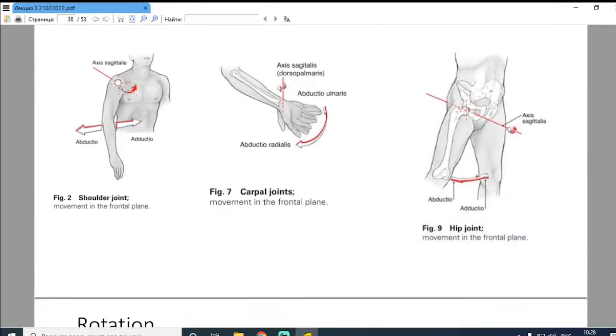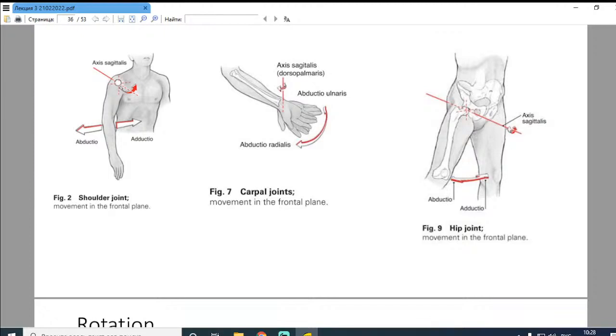Shoulder joint. Movement in the frontal plane: abduction, adduction. Next, carpal joint.